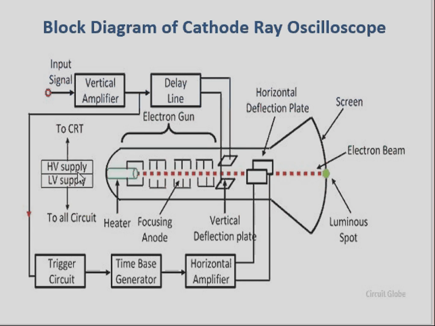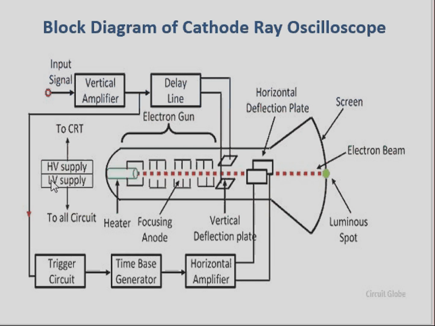Next one is the power supply for this cathode ray oscilloscope, and here the power supply is produced by means of two circuits. One is the low voltage supply and the other is the high voltage supply. The high voltage supply is used to provide the negative supply, in the order of minus 1000 to minus 1500 volts.